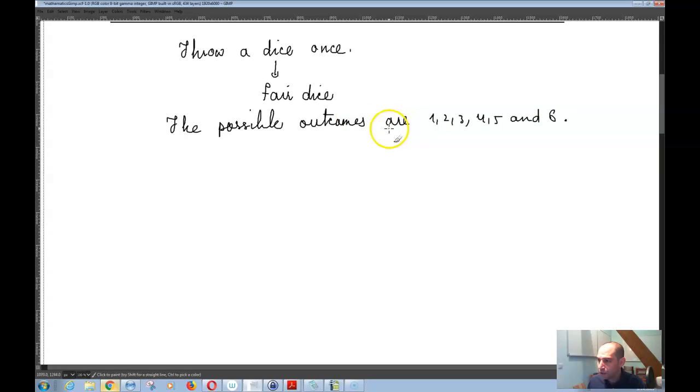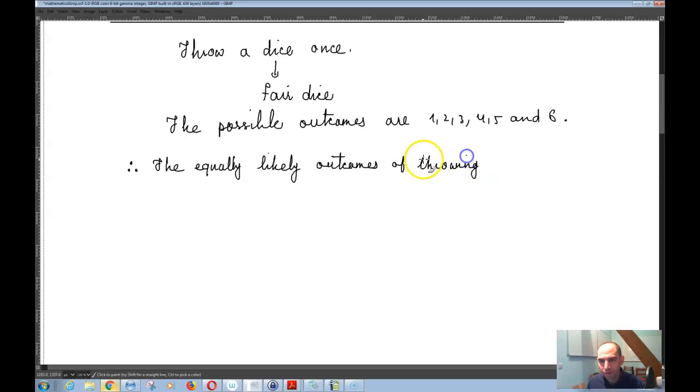So I can say that the equally likely outcomes of throwing a dice are 1, 2, 3, 4, 5, and 6.